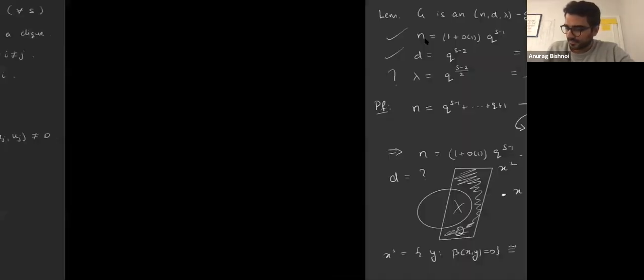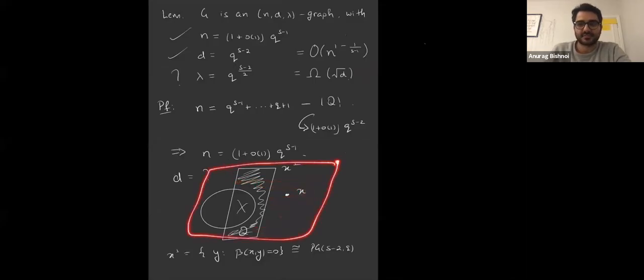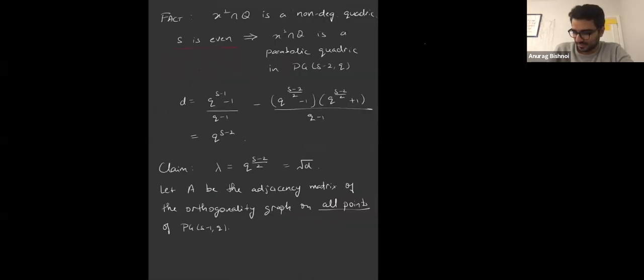So here's the picture again. We defined this graph on the non-singular points. So here, now I'm saying just look at the graph when you take all of this as your vertex set. Let's look at the same orthogonality graph, but now we look at all the projective points. What happens then? What does this A look like? And you suddenly notice that this is not really a simple graph, because all the singular points will be adjacent to themselves, right?